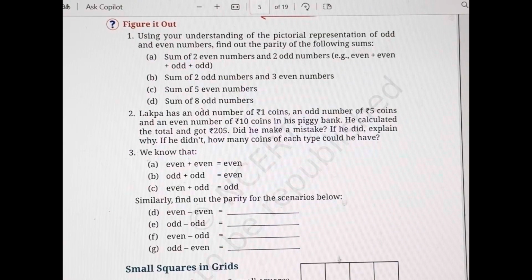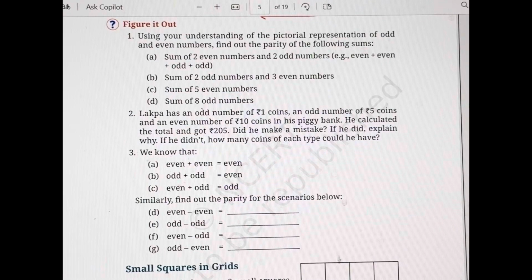So you can visualize with the small numbers, understand the parity, and then answer these questions. Or you can take small number examples. Always whenever such statements are given in exam also, and you want to establish some rule, take small numbers as examples and then establish an answer for the bigger numbers.